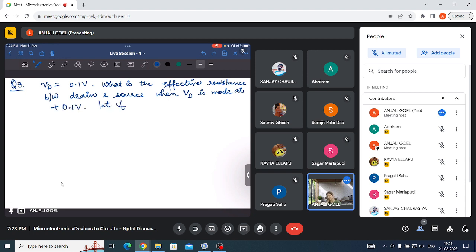Let Vtn be equal to 1 volt and Kn dash W by L half mA per V square.